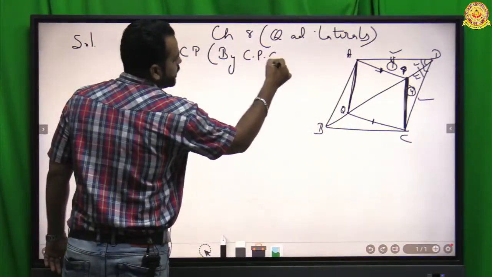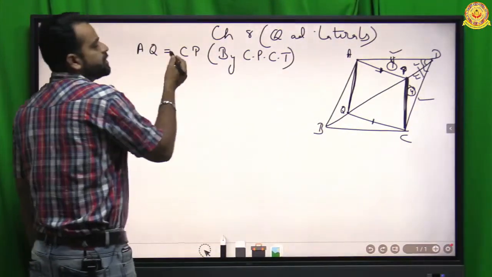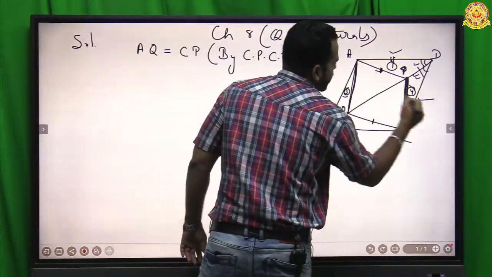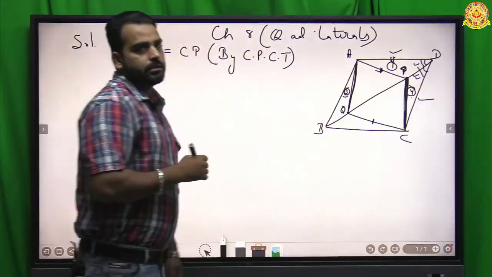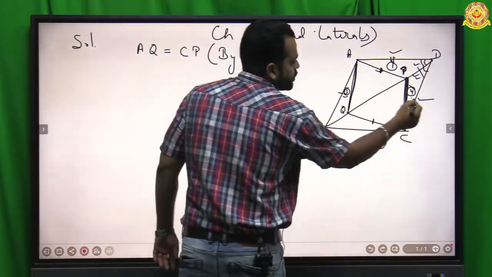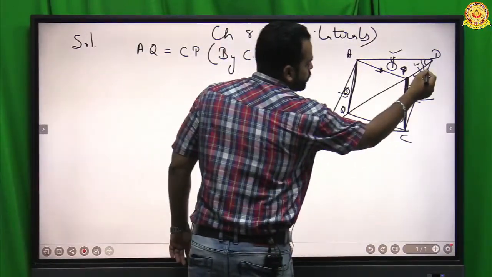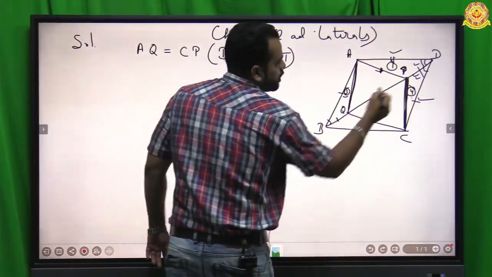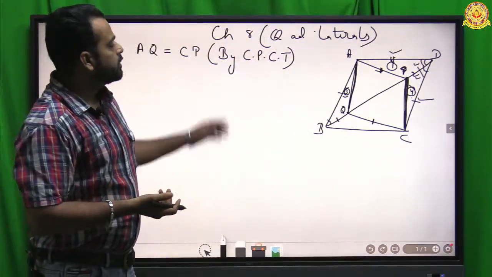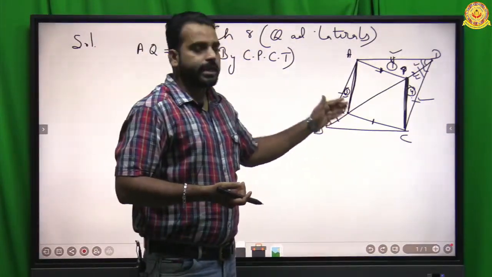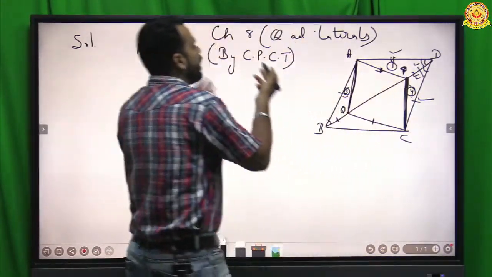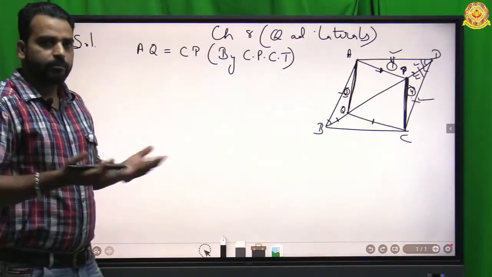We already proved that the triangles in which these two sides are, triangle number 3 and the 4th, are congruent by side, angle, side, right? This is the side which is equal to this one, this is the angle which is equal to this one, and this is the given side which is equal, right? So these two triangles are congruent by side, angle, side. Therefore their corresponding parts, which are AQ and CP, are equal by CPCT, right?